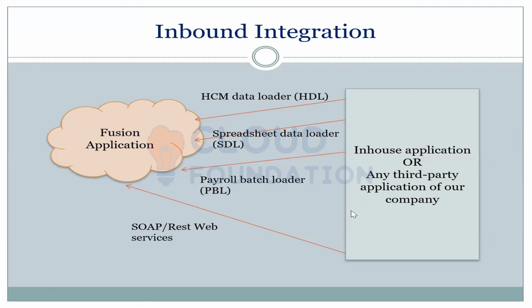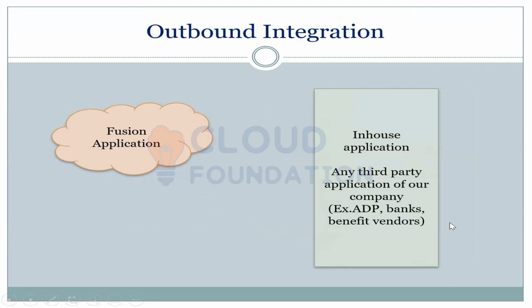Now we have Fusion application outbound integration. Outbound integration is integration with any third-party application of the company, like ADP, banks, and benefit vendors. It is how you send your data from one application to another. Suppose you're outsourcing the payroll of the company to a third-party vendor.